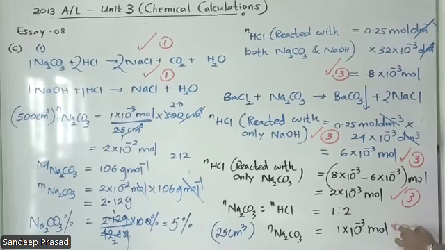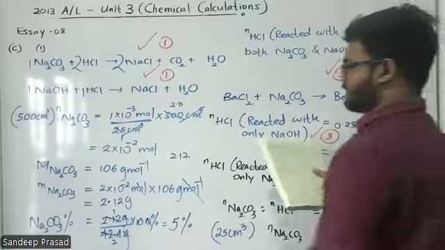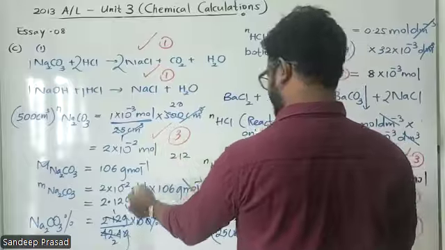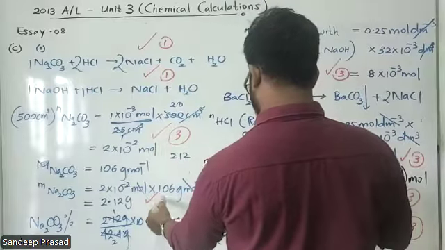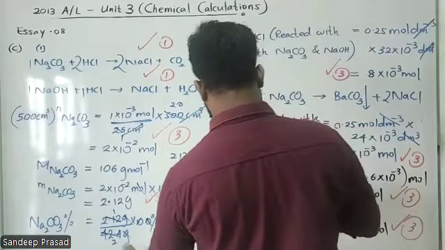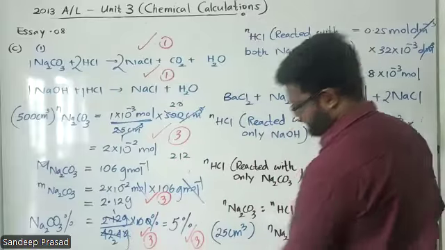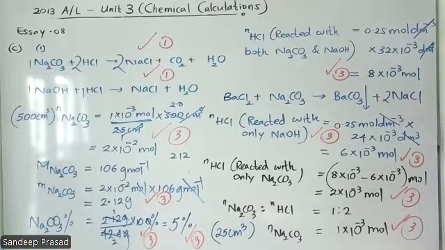Sodium carbonate moles, 3 marks. In 500 cubic centimeter, 3 marks. For finding this mass, 3 marks. For this expression, 3 marks. For the final answer, 3 marks. This is how they have allocated the marks in the marking scheme. So this is the calculation in that essay question.